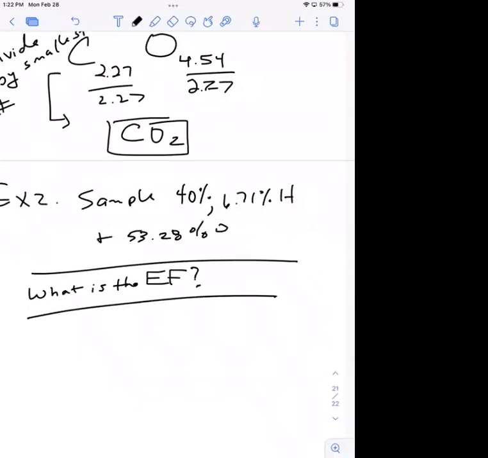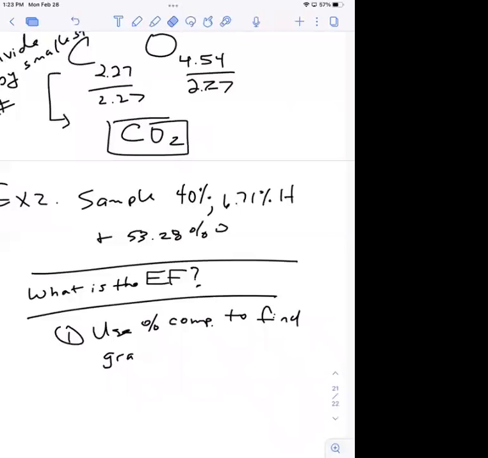Right, what are my steps if I'm starting from percent composition? You want to use the grams and divide it by the molar mass. Good.